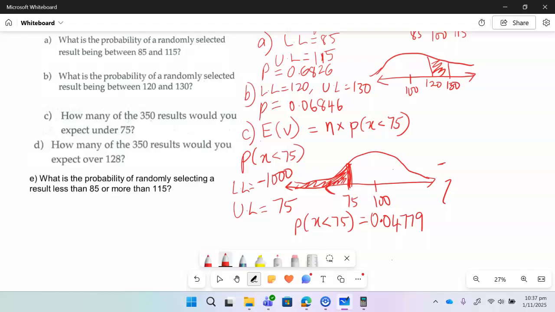Cool. And after that, we need to figure out the expected value.